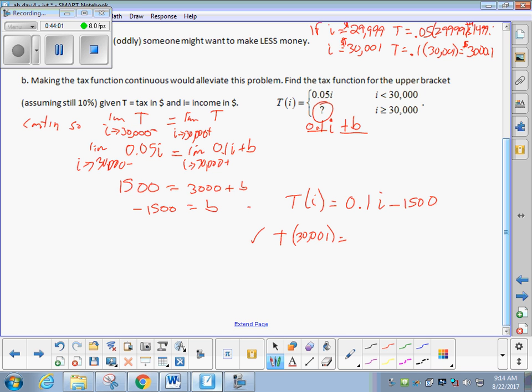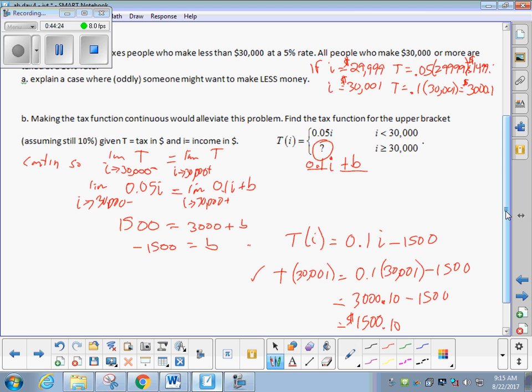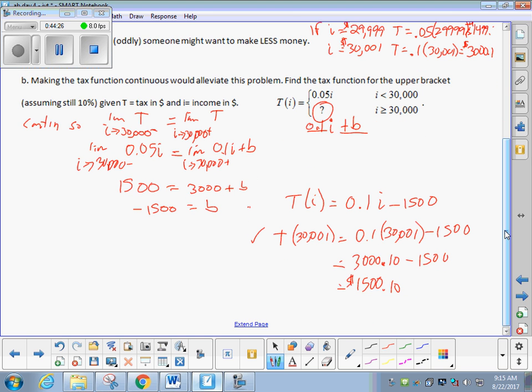Are they going to get screwed? Well, it's 0.1 of 30,000 minus 1,500. What's 10% of that? Well, that's $3,000.10 minus 1,500. They're going to pay $1,500.10. So their tax isn't jumping huge. It was $1,499 before. Now it's $1,500. That extra $2 and then a little more tax. Smooth transition. You follow?